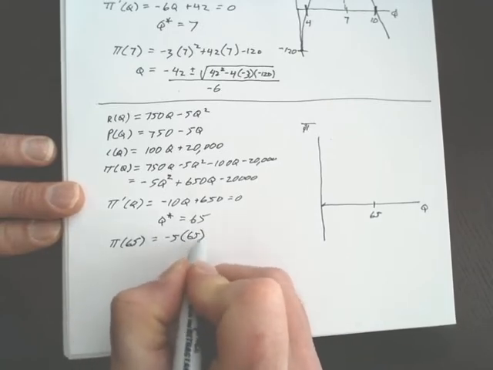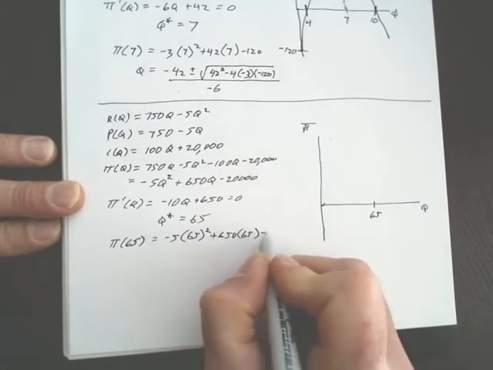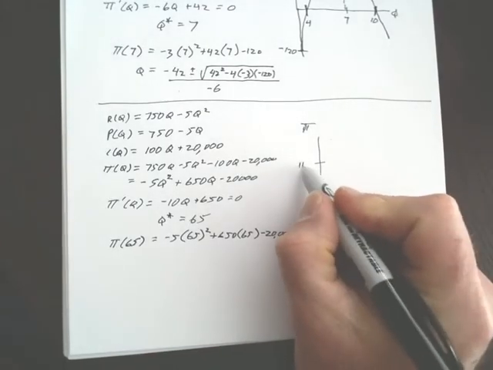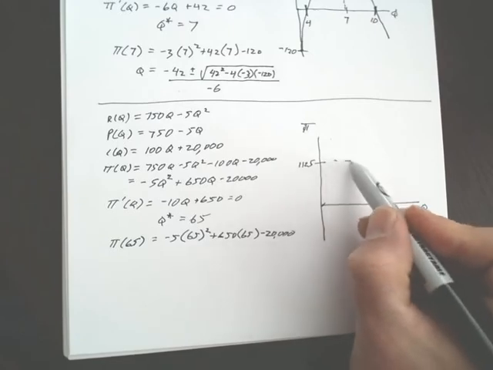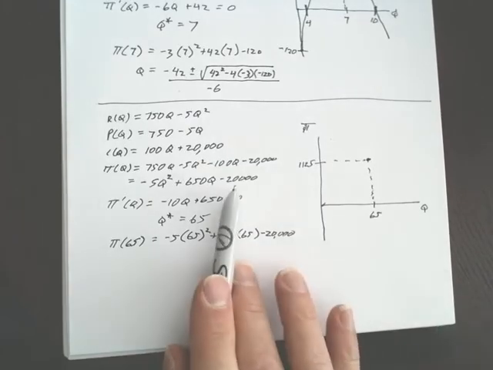That equals negative 5 times 65 squared plus 650 times 65 minus 20,000. Calculating that, that equals 1125. So at my profit maximizing Q, my profit is 1125.